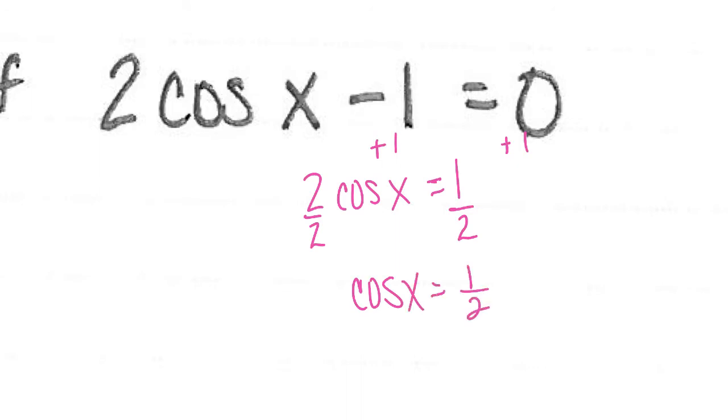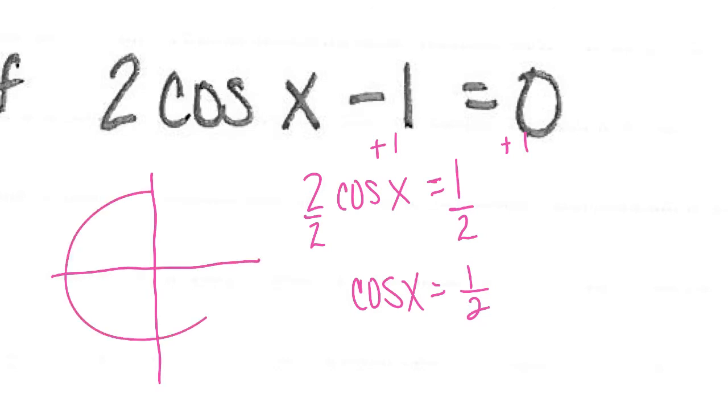But if I look at a unit circle, the cosine of x is equal to 1/2 in a couple different areas. So let's talk about where the cosine, the x, is equal to 1/2. So I know the first place is right here at pi over 3. So I know that this is 1/2 in root 3 over 2, but we are just looking at the cosine.